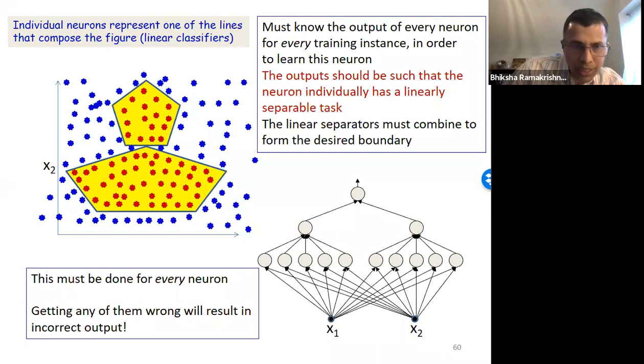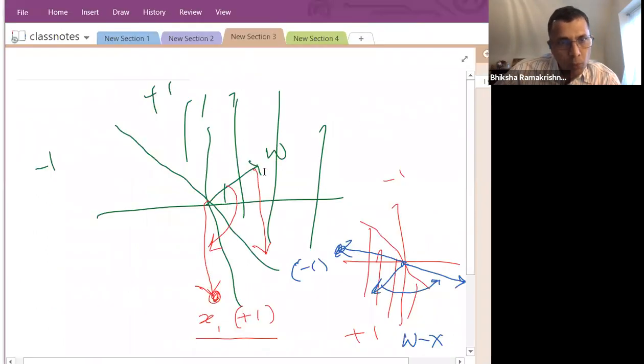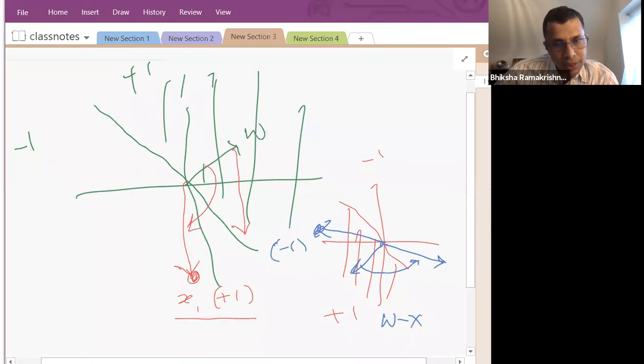Okay, so think about it this way. Here, I have to relabel every point. If I'm relabeling every point, let me get rid of all of the dots here, this ugly figure.